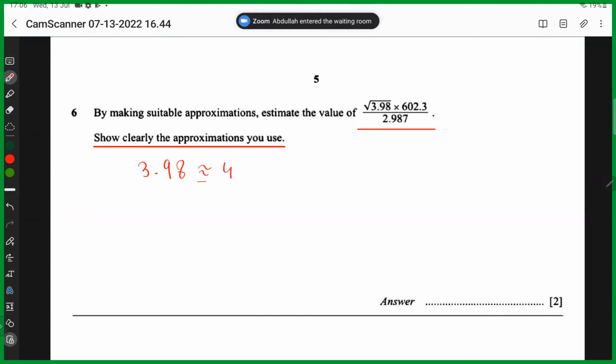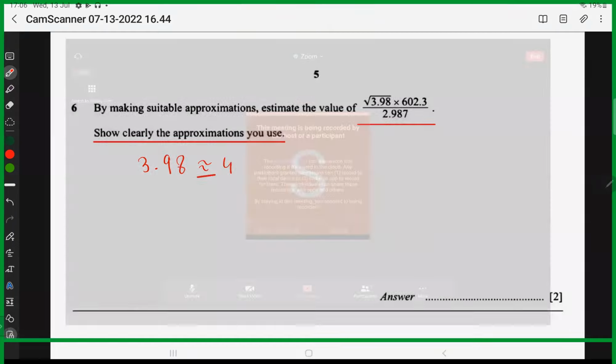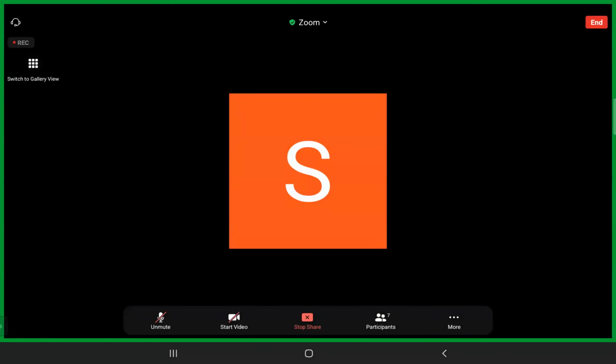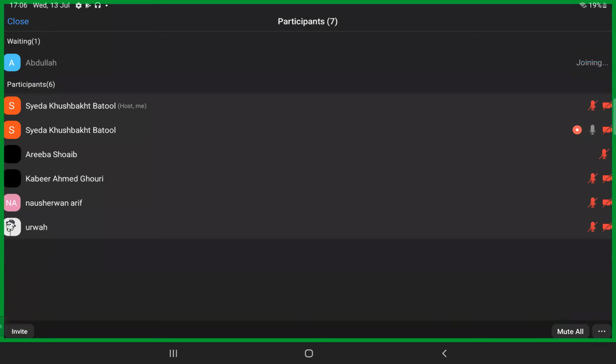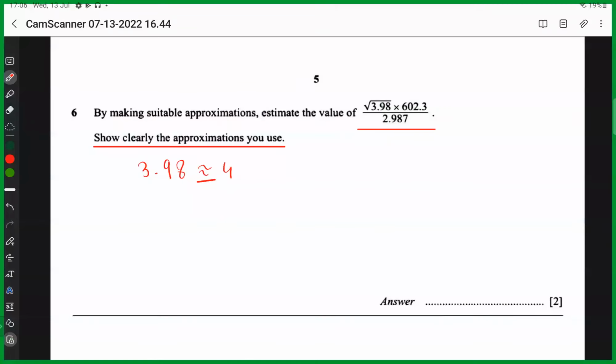I'm using these curly equal to signs just to show rounding off. I'm sorry, I have to go back and forth because some students are joining late. This was a demo for a lot of students, that's why it's happening this way, but it's okay. Anyways, 3.998 can be written as 4.